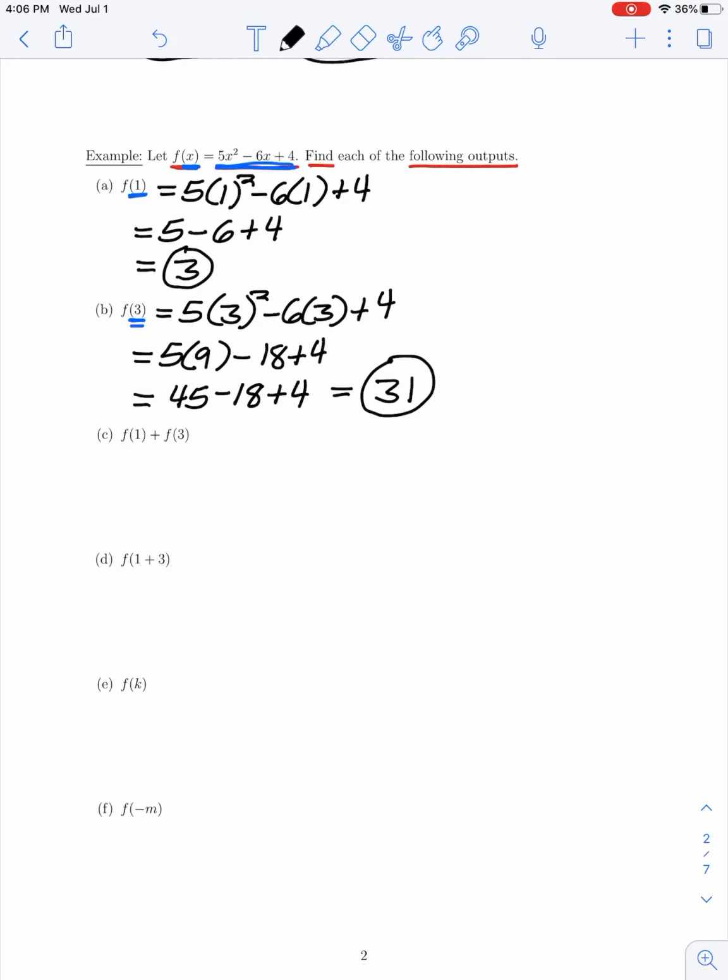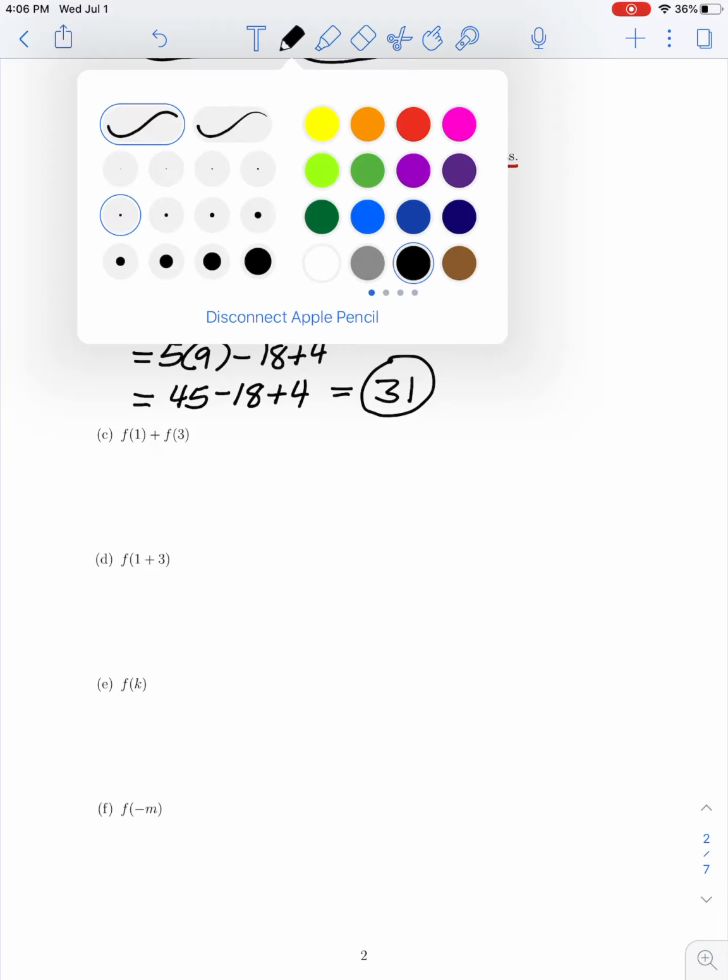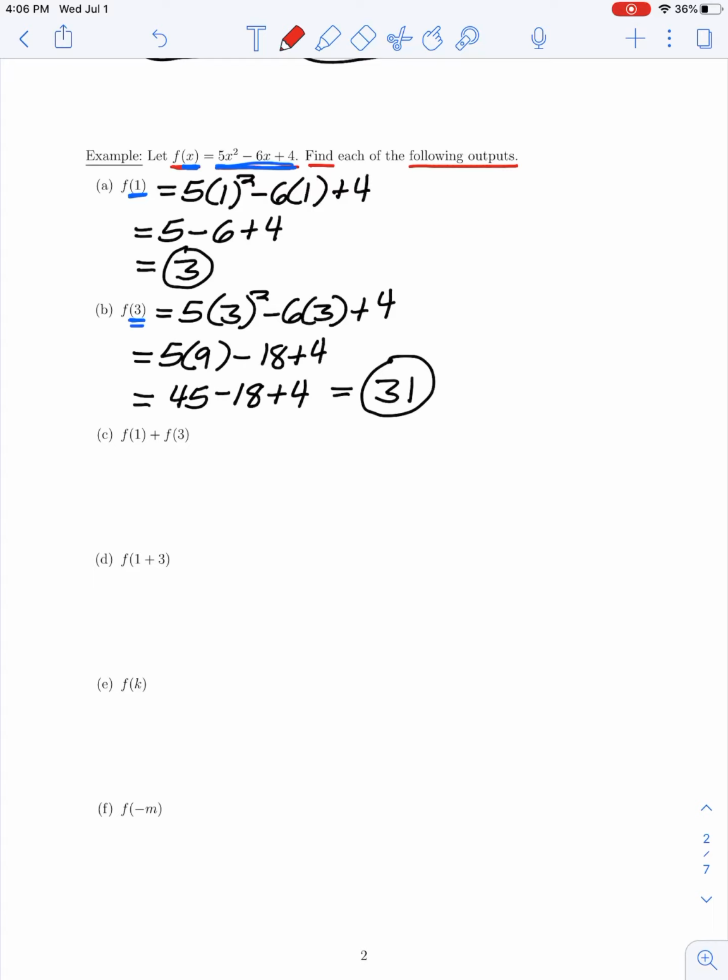All right. Now in part C, we are asked to find f of 1 plus f of 3. Now in parts A and B, we've already found f of 1 and f of 3, and now we're just taking the sum of those values.